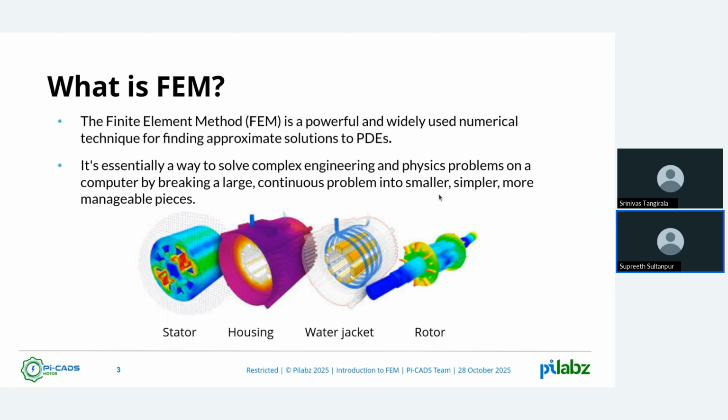If natural convection or forced convection with air is not sufficient, you can add a channel through which you pass water and improve the cooling. And then finally the rotor, where again, as the rotor rotates, we look at the stresses acting on it. As you can see, it's a very complicated, very interdisciplinary machine.